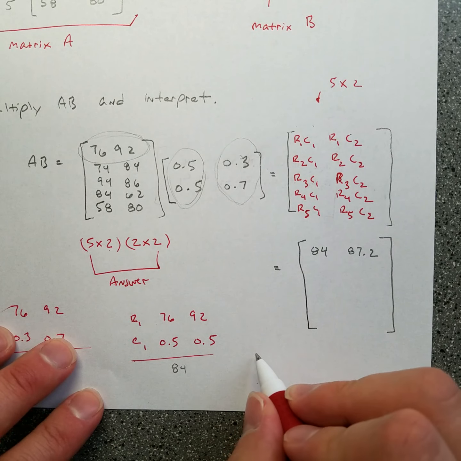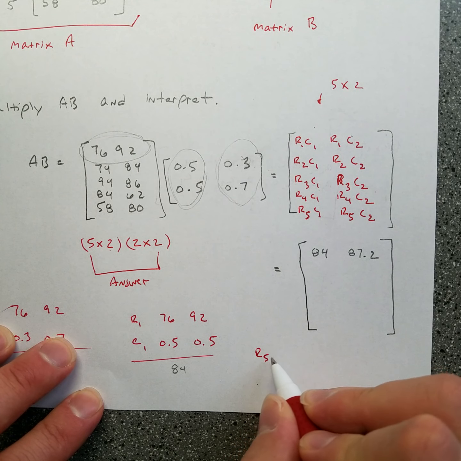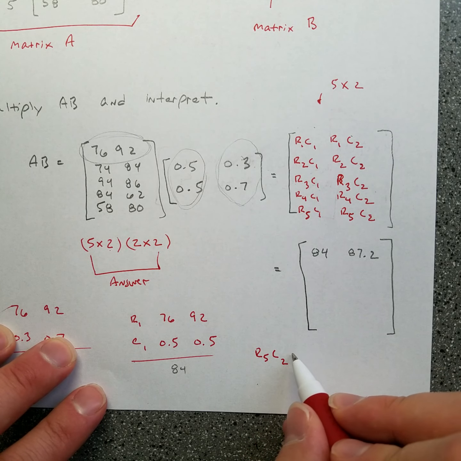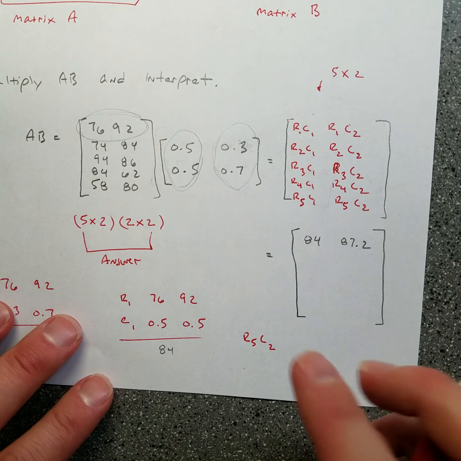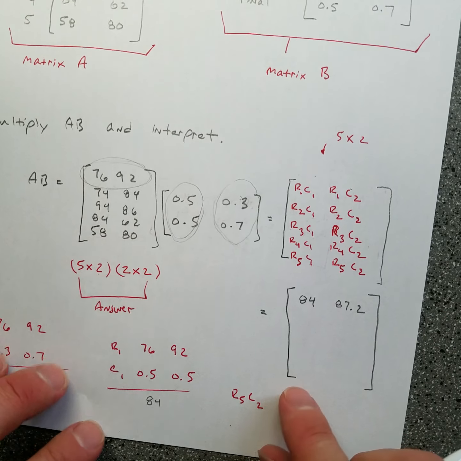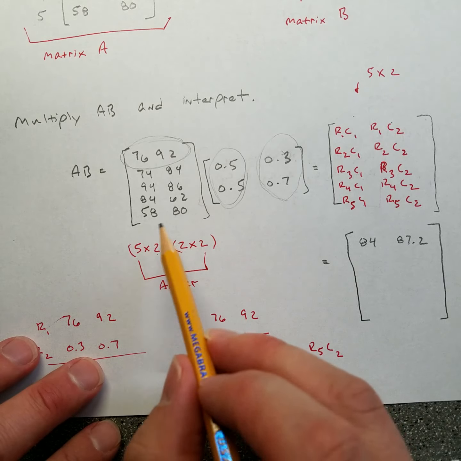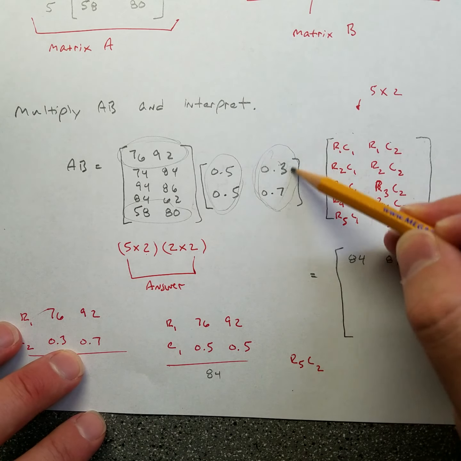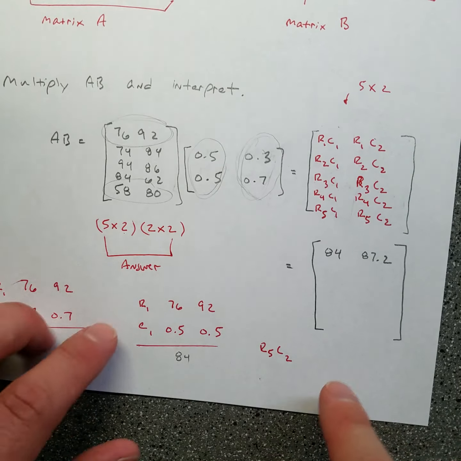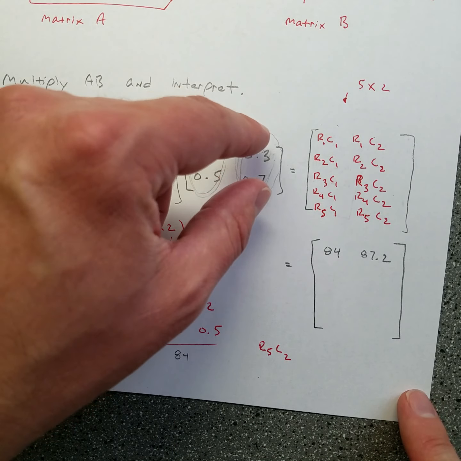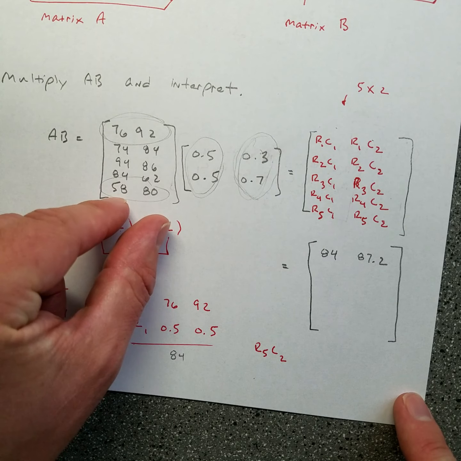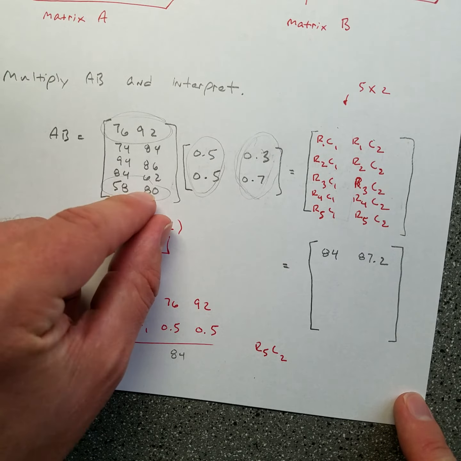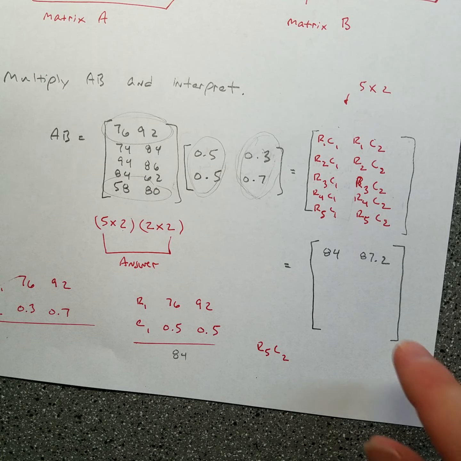R5 times C2. Okay. Imagine if I had row 5 times column 2. Now I've written the others down. Let's just do it like this. Pick it up, turn it this way. That's going to be 0.3 times 58 plus 0.7 times 80.